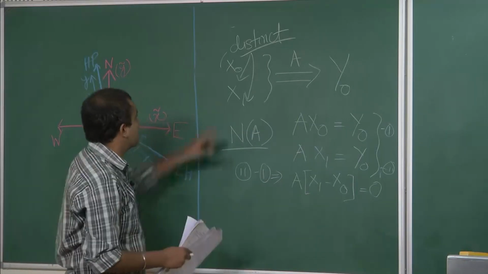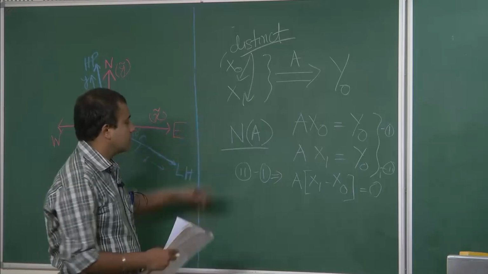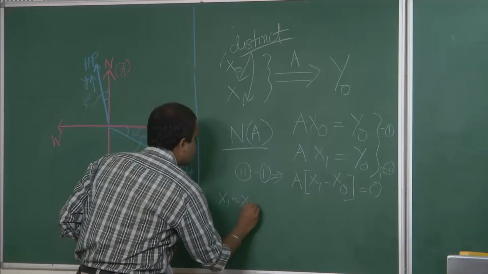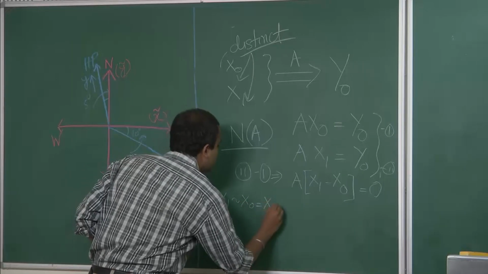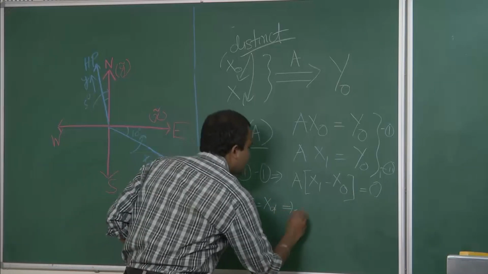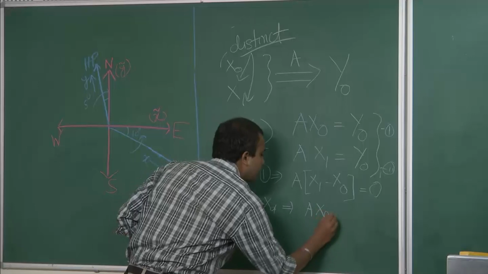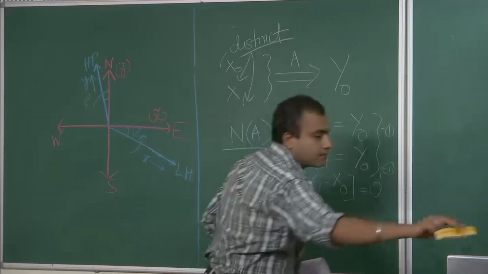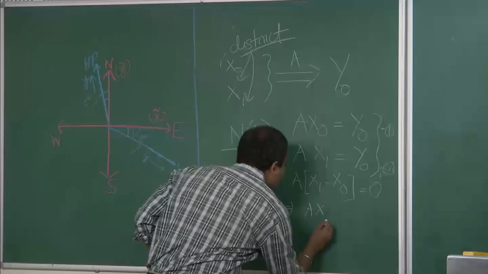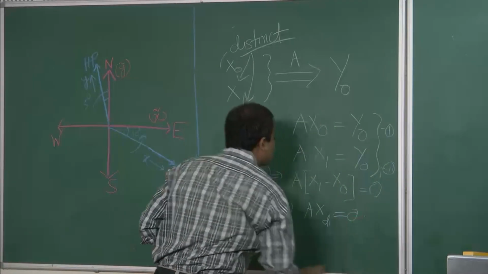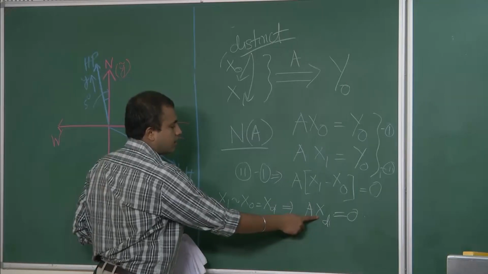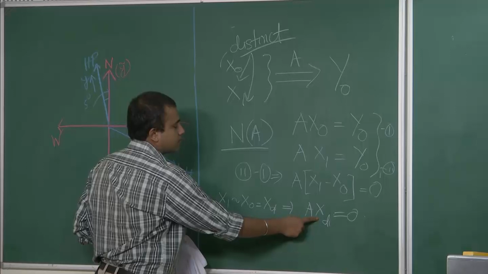So, here we can say because x1 and x0 are distinct, let us denote the difference by x d, then this implies x d is not equal to 0, and there is something non-zero in the null space. Something non-zero is in the null space, that is x d.